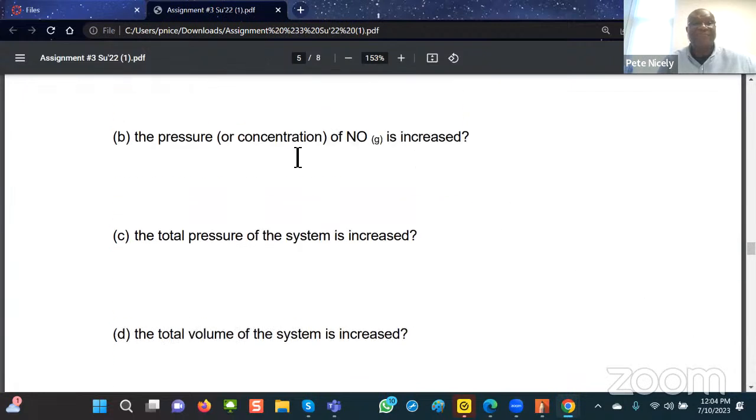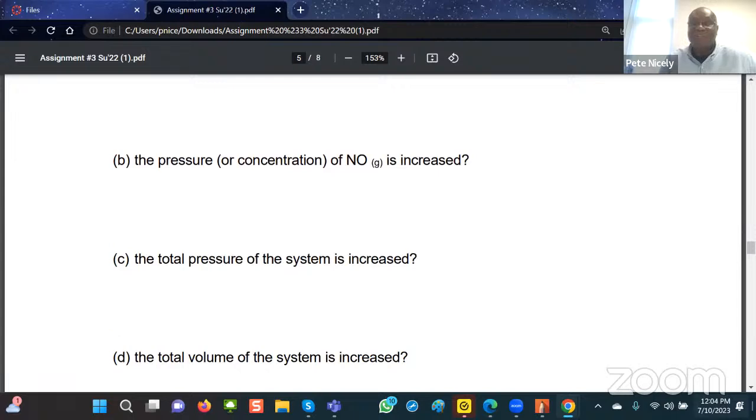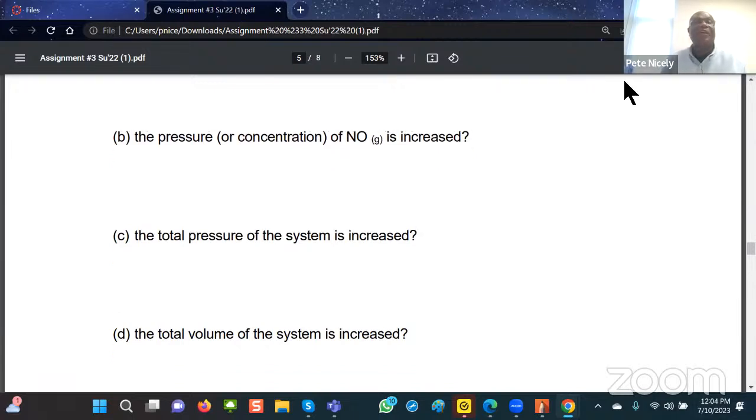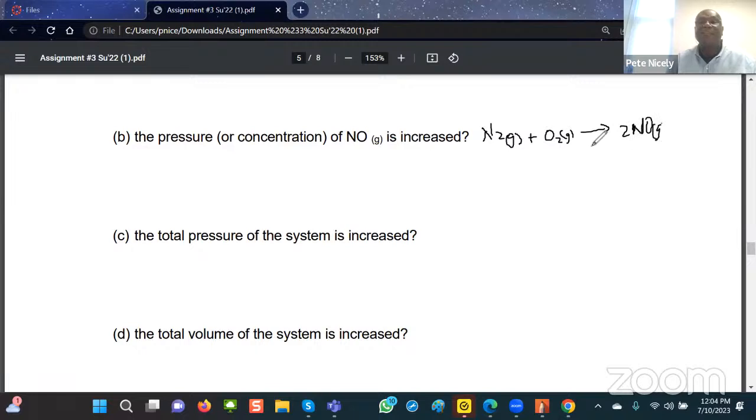Okay. In this case, it's talking about increasing the pressure or concentration of NO. Now remember, the equation for this reaction is N2 gas plus O2 gas to give 2NO gas. And this is an equilibrium.